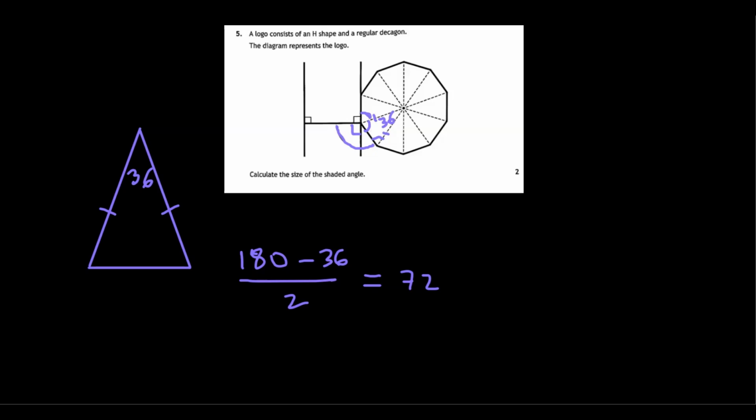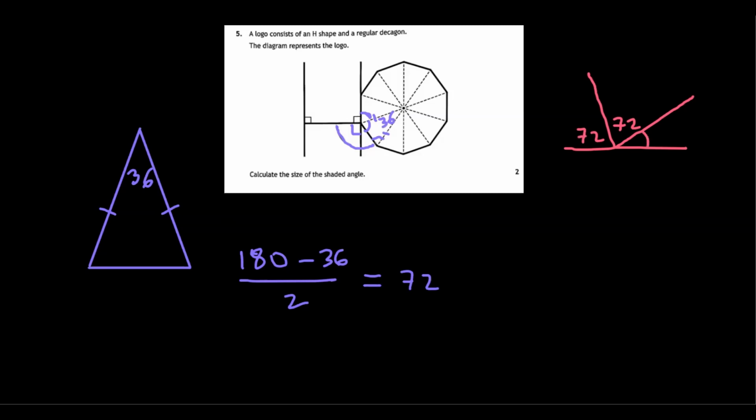And then we've got a straight line. So this is a straight line. And these two angles are each 72 degrees. So essentially we've got a straight line, and then one 72-degree angle, and then another 72-degree angle.